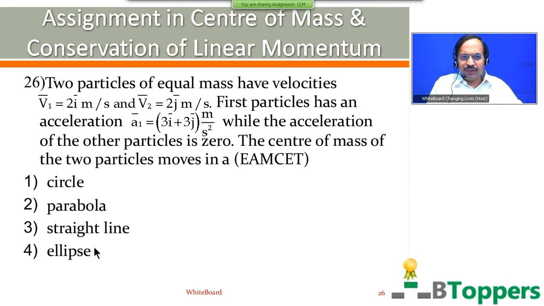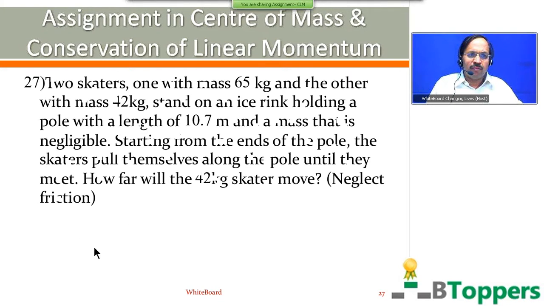So in case you need more time to answer the question, you can take a pause and take your time. I am going to show you the next question on the screen. See the question number 27. Two skaters, one with a mass of 65 kg and the other with a mass of 42 kg, stand on an ice rink holding a pole with a length of 10.7 meter and a mass that is negligible.